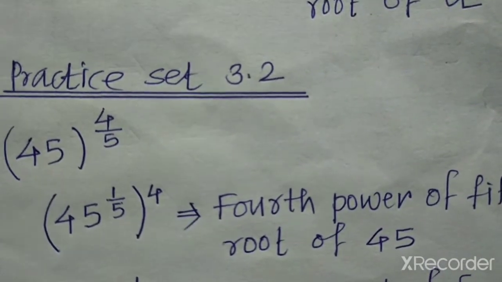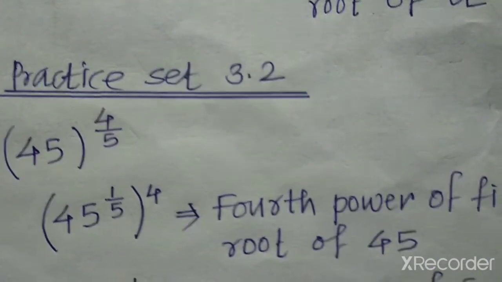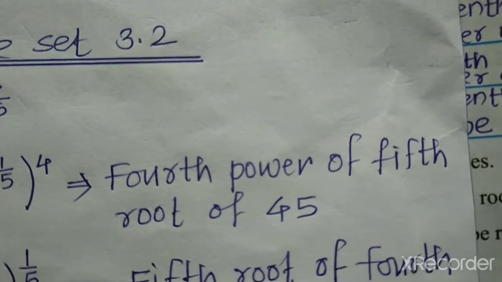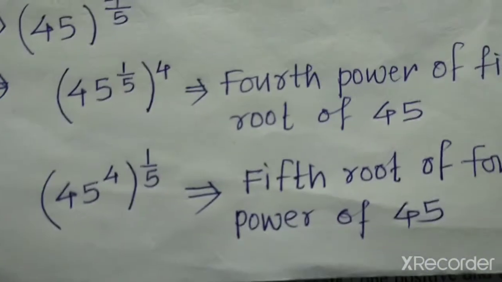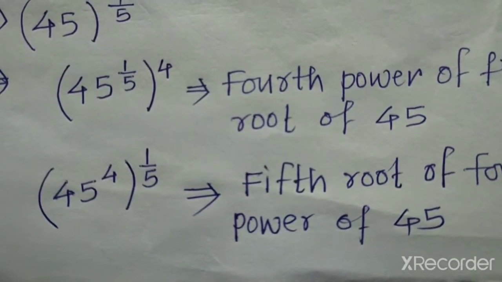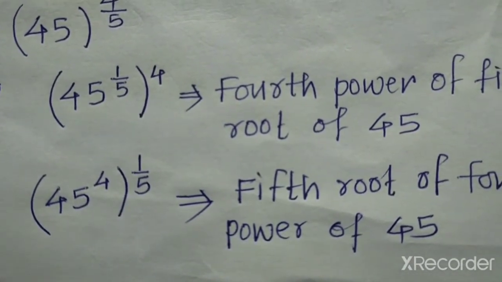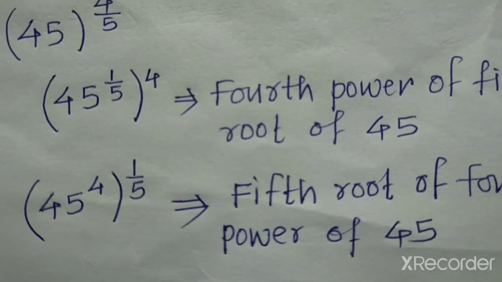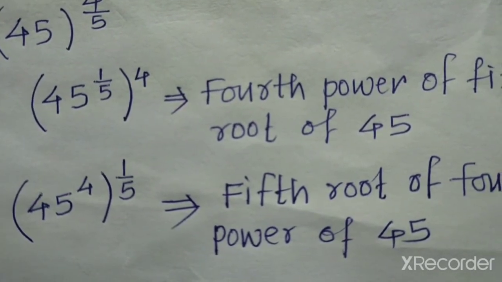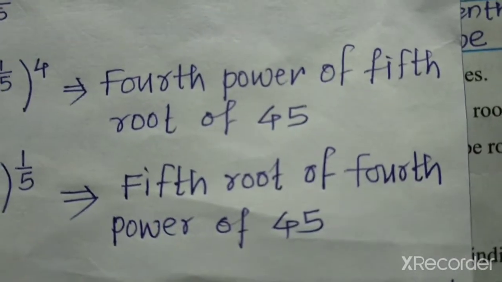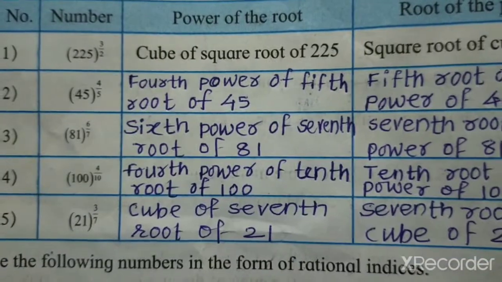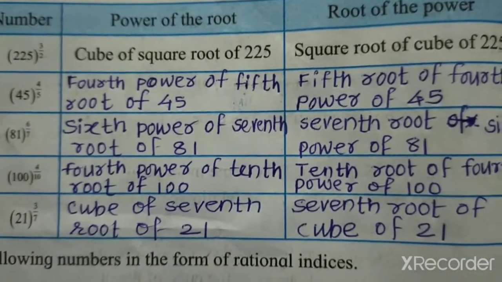In the first box we can write the 4th power of 5th root of 45. And the second, in a second way, the 5th root of 4th power of 45. So like that we can write. In a similar way we can write the remaining problems.